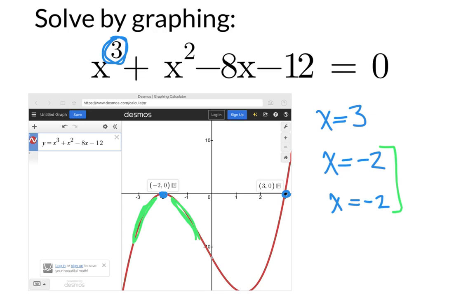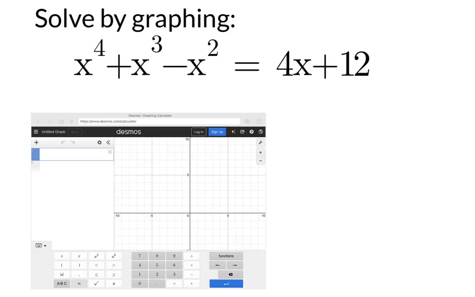Finally, let's take a look at this equation where we've got x to the 4th plus x cubed minus x squared equals 4x plus 12. And now we have a polynomial equation, but it doesn't equal 0, so we can't use the x-intercepts. However, we can. A real easy way to work around this is to just get it to equal 0. What I'm going to do is take that 4x plus 12 and bring it to the other side.